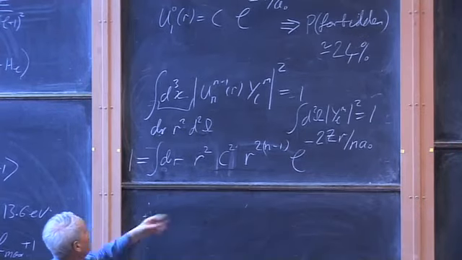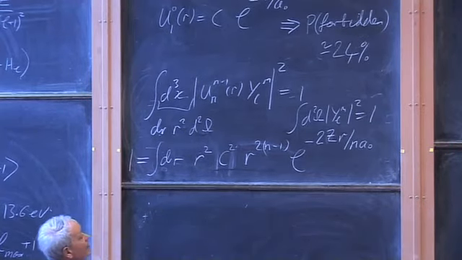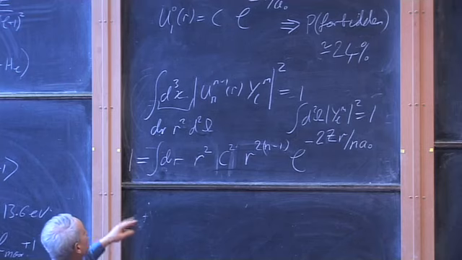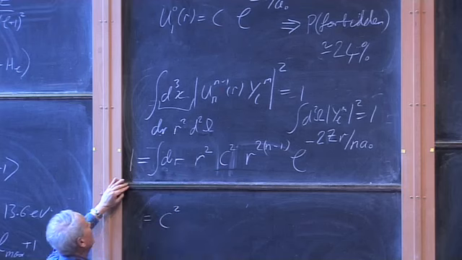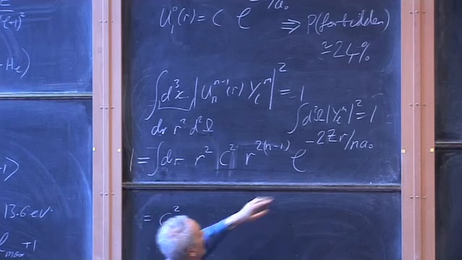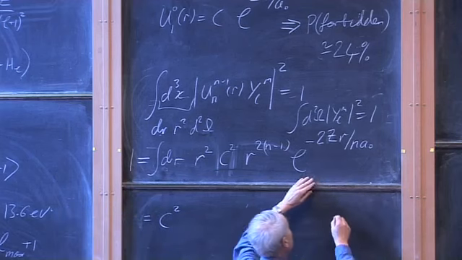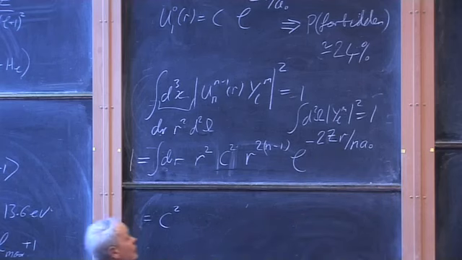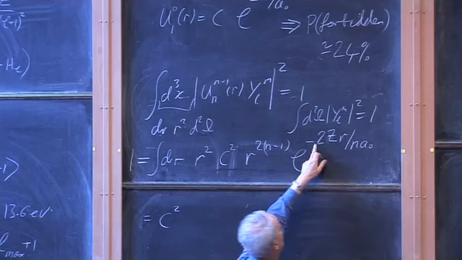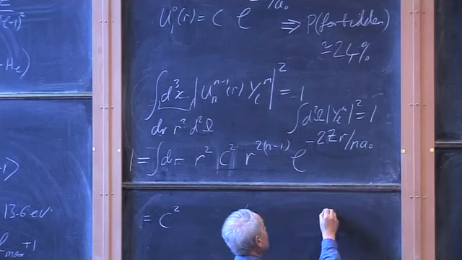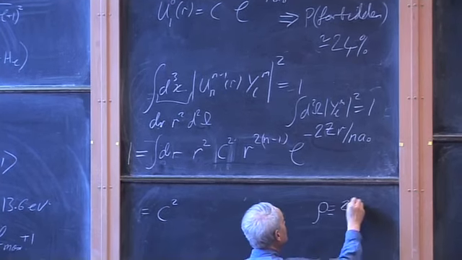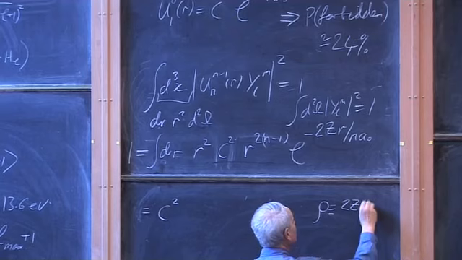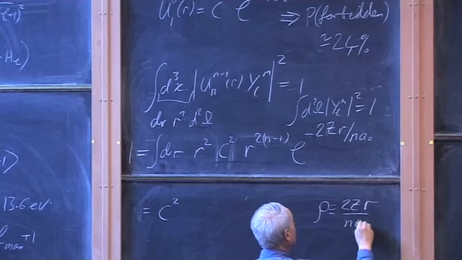Now, this integral is nice and easy. So this can be written as c squared. And what we need to do to bring an integral like this under control is to declare that this is rho. So we introduce a new variable rho, which is 2zr over n a0.